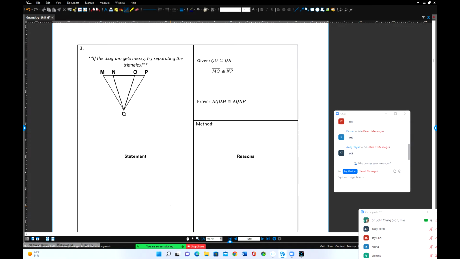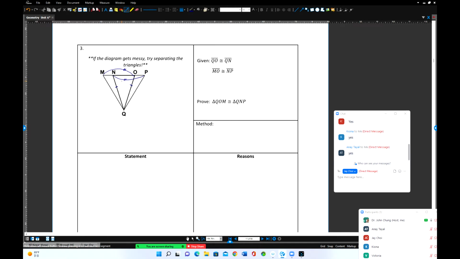Okay, now move on to the next question over here. Take a look over here. QO inside and QN, they are congruent. This is actually isosceles, two congruent sides. And MO and NP, they are equal sides.